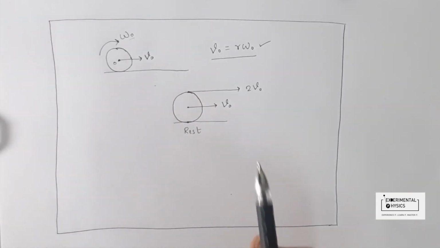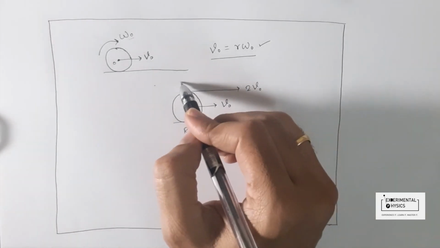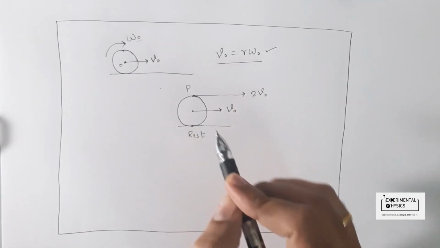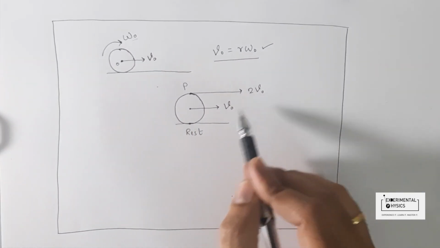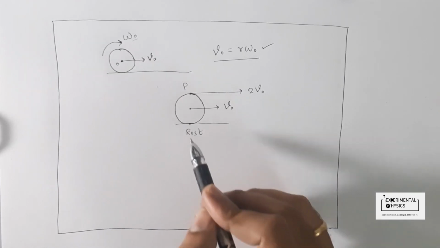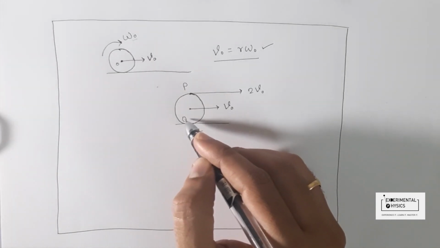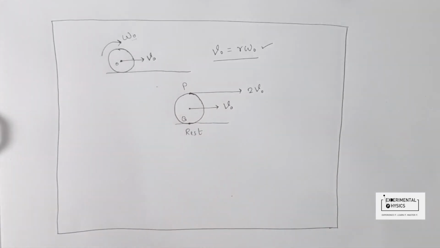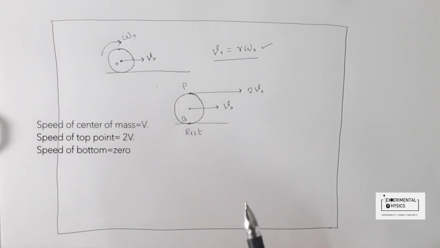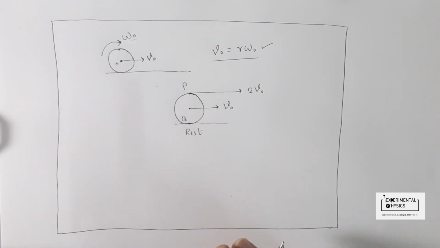In this diagram, we are trying to tell you that this point P, the topmost point, has velocity twice the center of mass velocity, and the point in contact with the ground, let's suppose it is point Q, has velocity 0 at that particular instant. We have a mathematical proof also, but today I'm going to show you how it is possible. Let's do it.